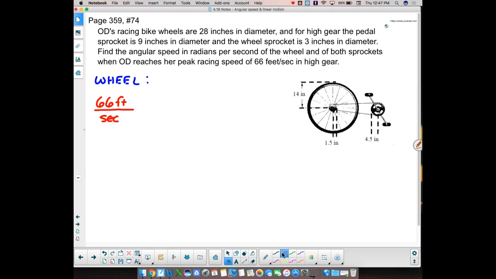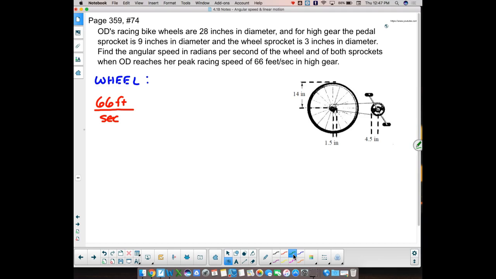I want the angular speed of that wheel in radians per second. Well, what's the problem with 66 feet per second and a radius of 14 inches? Not the same unit.